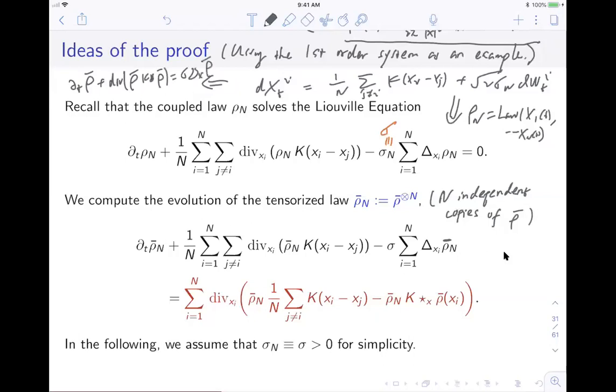Okay. So now we just want to evolve the relative entropy between rho n and rho bar n. Rho bar n is just n independent copies of rho bar.